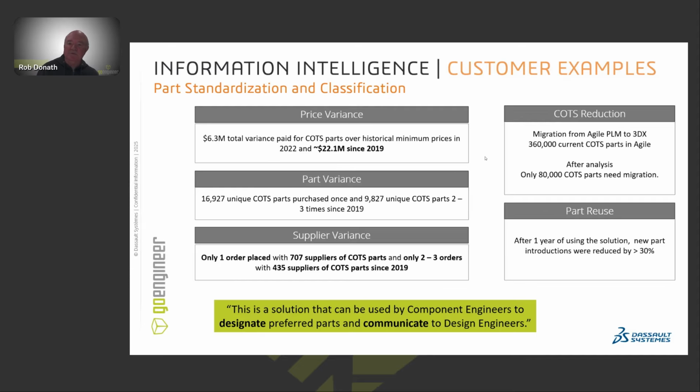They were able to reduce the total number of parts they needed to migrate, instead of bringing in all their junk, to only 80,000, which is a 60 to 70% reduction in the overall parts that the supply chain was going to need to maintain and carry over.